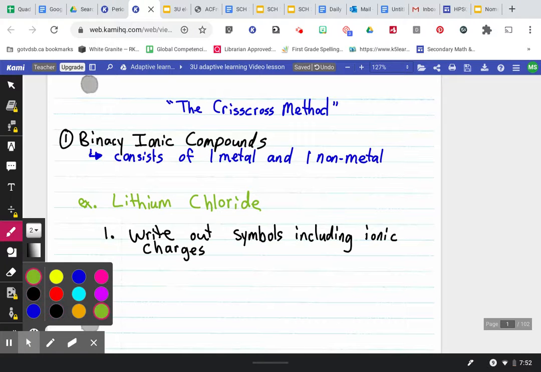So for our lithium chloride, we know that lithium is Li, and we know that chloride is the ion form of chlorine, and we know that is Cl.